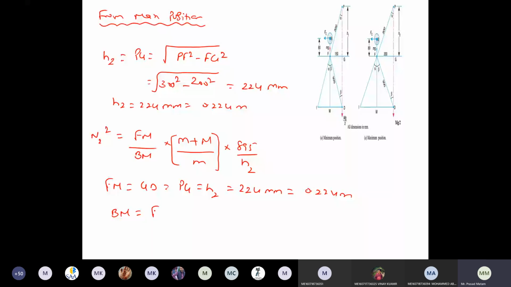BM I can write as FM plus FB. FM is equals to 224 and FB is 80 mm. How much we got? 304 mm, right? 0.304 meter. Okay, next I am going to next slide.